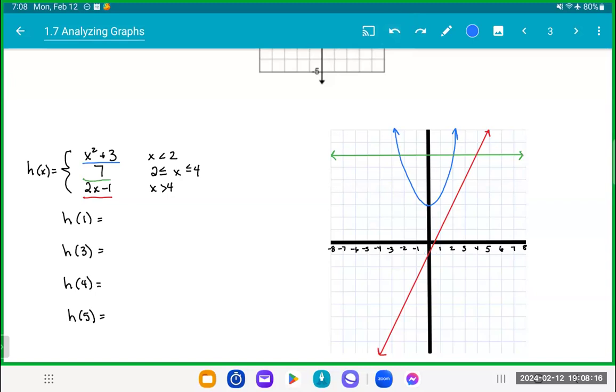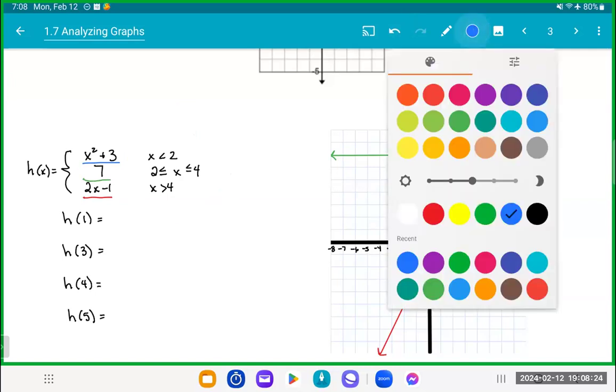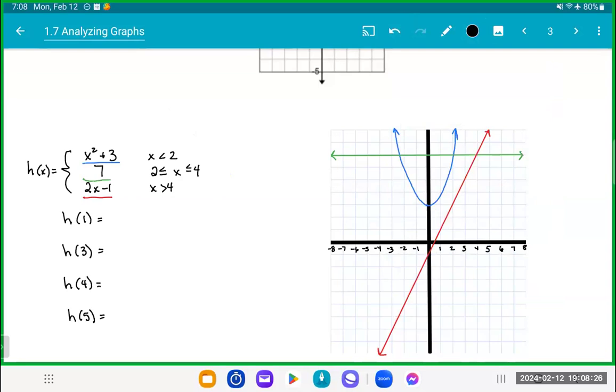So what I want to do here is we're going to scratch off the part of the graph that we're not using based on this graphic here. Okay, so I'm going to use my black pen here. So for the blue one, it's only for values of x less than 2. Okay, so here's x equal to 2. It's going to have a hollow dot here and then none of this.